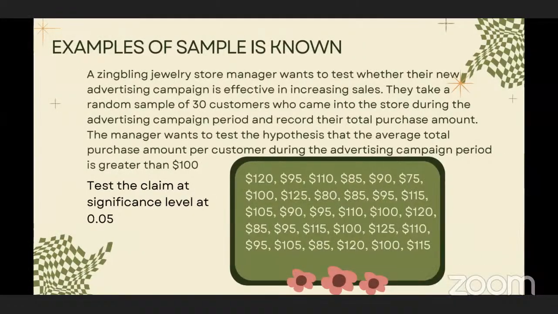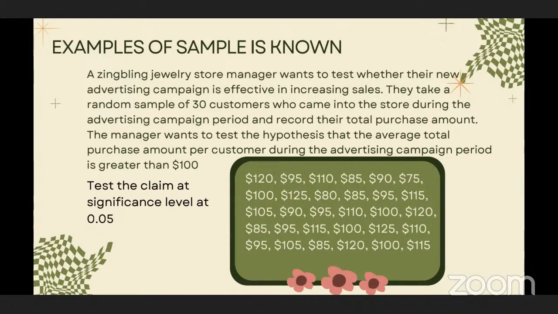The next is an example where the population standard deviation is unknown. A Zingbling jewelry store manager wants to test whether their new advertising campaign is effective in increasing sales. They take a random sample of 30 customers who came into the store during the advertising campaign period and record their total purchase amount.